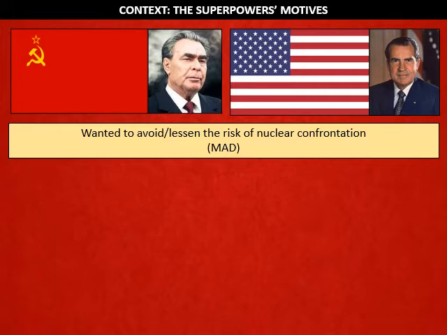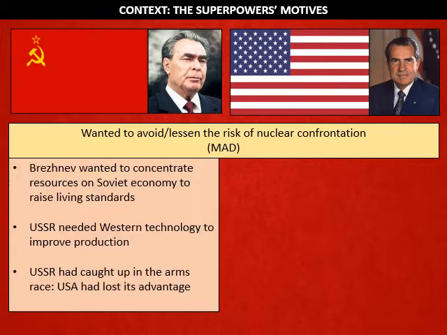But both also had their own reasons for wanting an easing of tensions. Brezhnev was desperate to try to improve living standards in the Soviet Union. And he wanted to divert resources towards that, as opposed to spending money in the nuclear arms race.